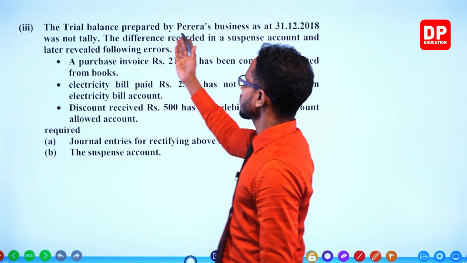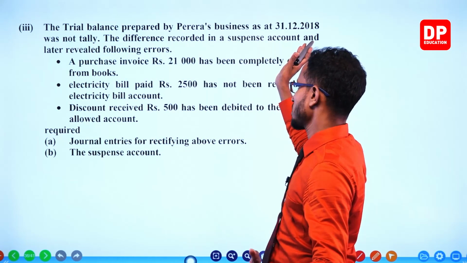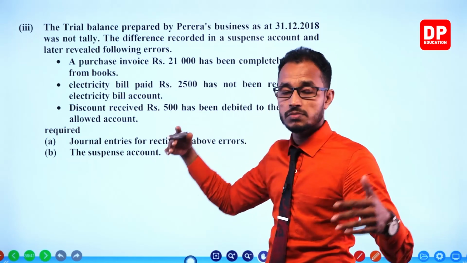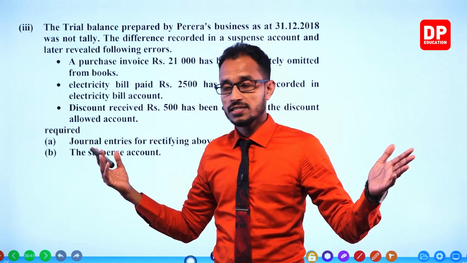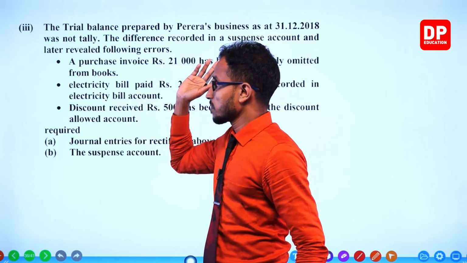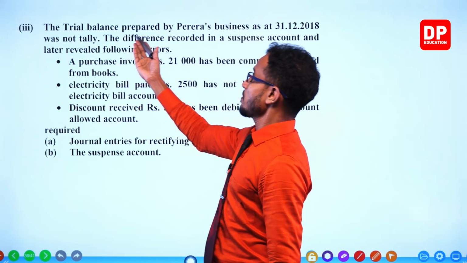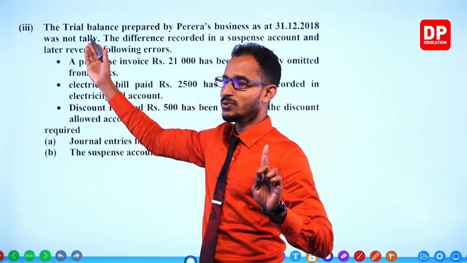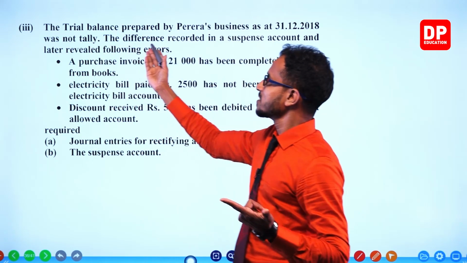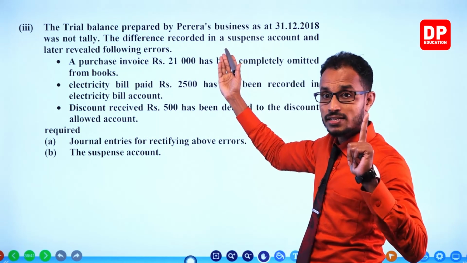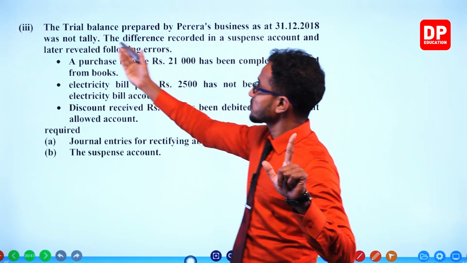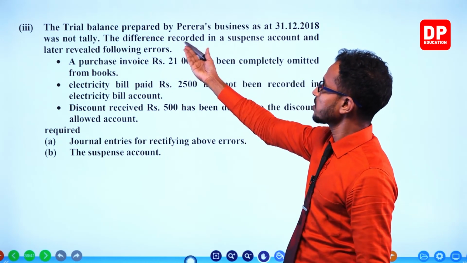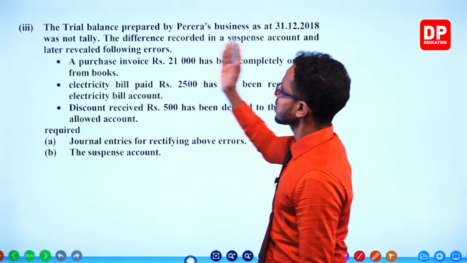The trial balance prepared by Pereira or Silva or Vanigasekar or Ratnapala, whoever it is, did not tally. Then you know that there are errors. The difference of the trial balance is transferred to a suspense account.